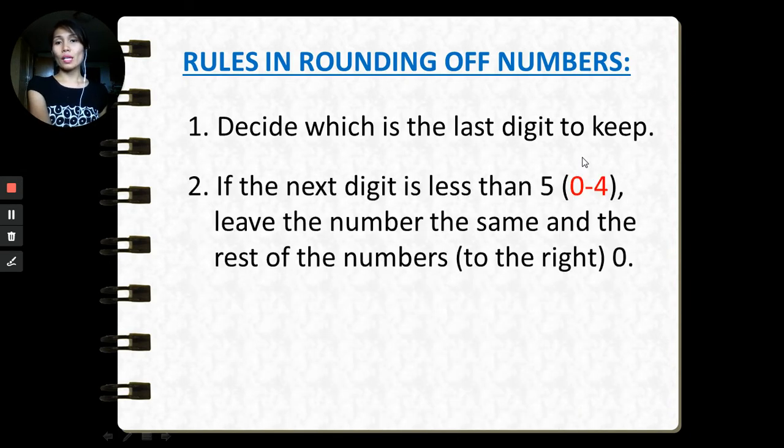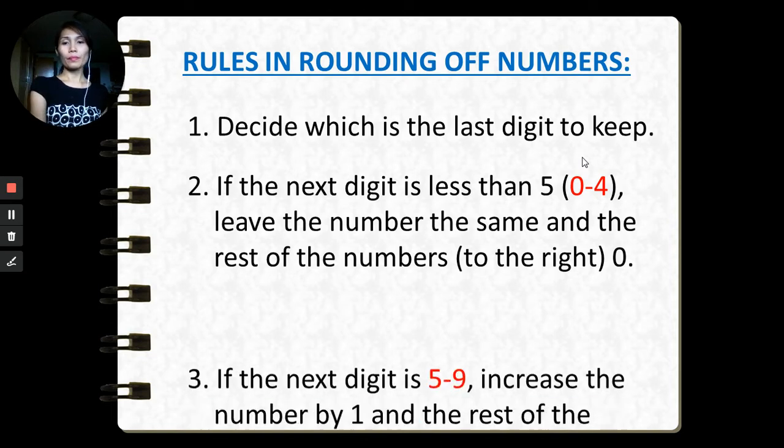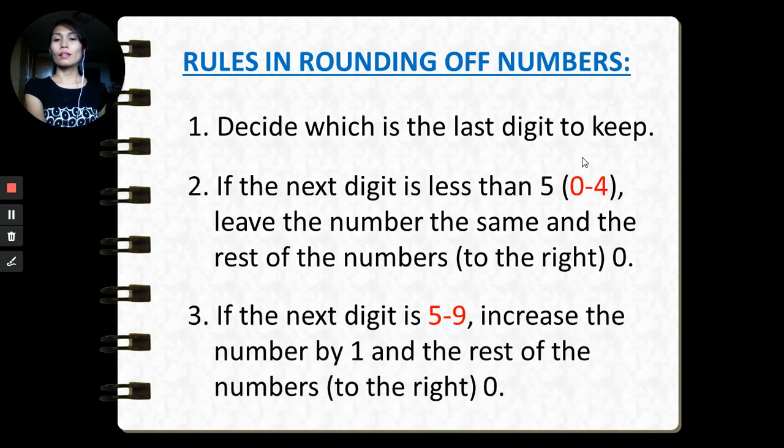The second rule is if the next digit is less than 5, that can be 0 to 4, then you have to leave the number the same and the rest of the numbers to the right 0. Okay, so that means the next digit after the digit that you have to keep. The third is if the next digit is 5 to 9, increase the number by 1 and the rest of the numbers to the right 0.